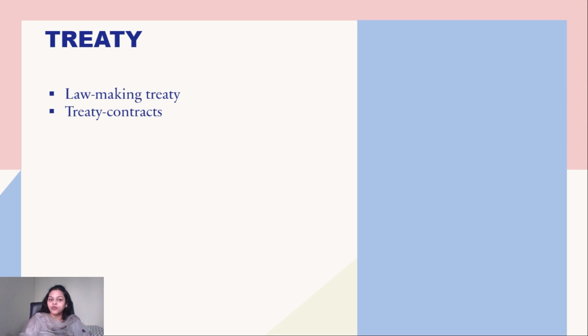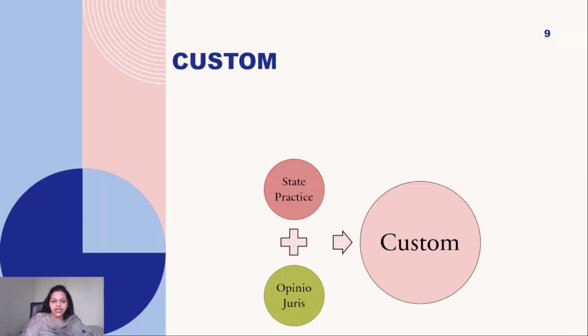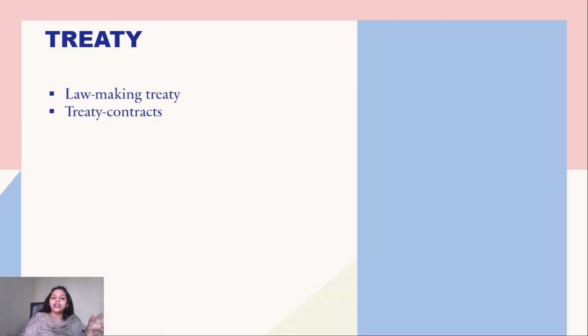So this is about a law-making treaty, where a treaty has some legal principles or rules which, once a state signs and ratifies, are binding on that state. Now, if we talk about treaty contracts, they are also treaties where once they are signed and ratified, the states which have signed and ratified must follow them. But these treaty contracts do not have legal principles.